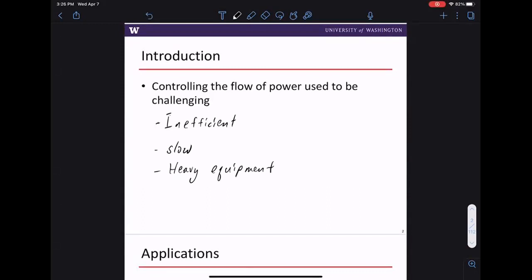It's really not easy putting in mechanical switches for high power applications. It's not that simple. Nowadays we have electronic switches, which make things much simpler, much easier to do.